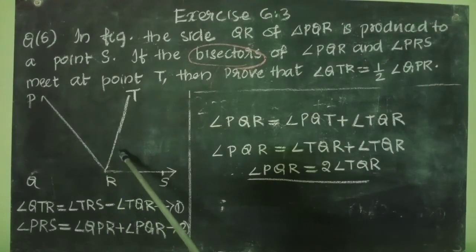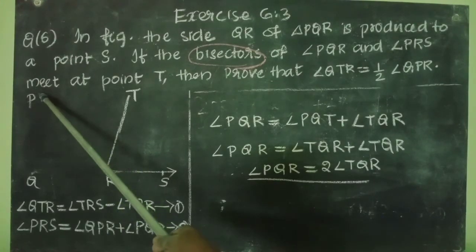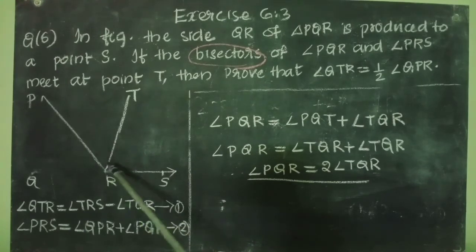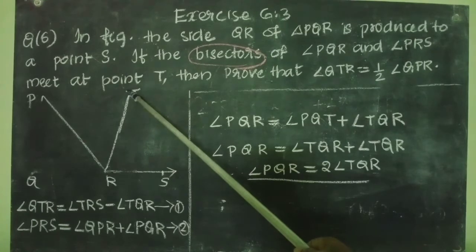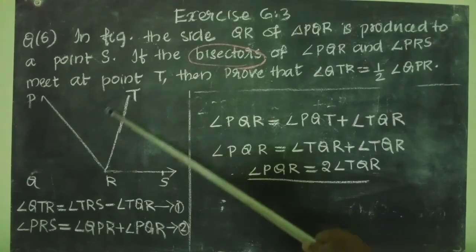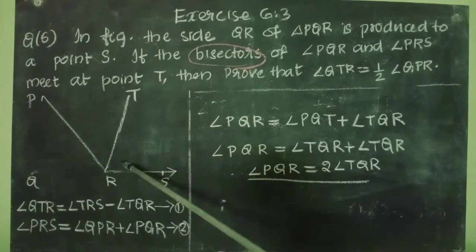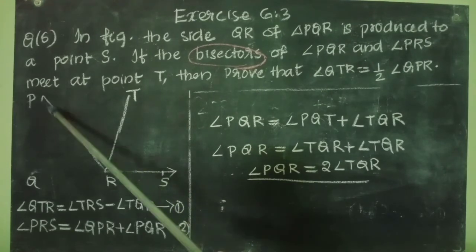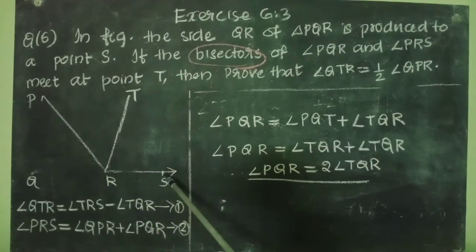You see the figure again. Here you can see angle PRS, and here also is one bisector, RT. RT is the bisector, so these two parts are also equal. Angle PRS is divided into two equal parts.